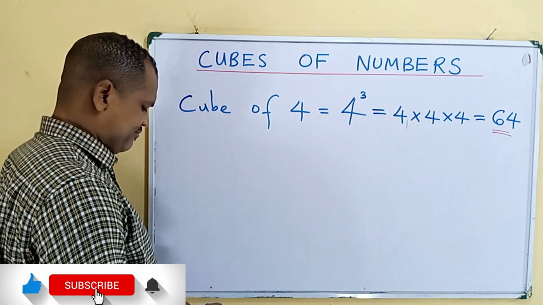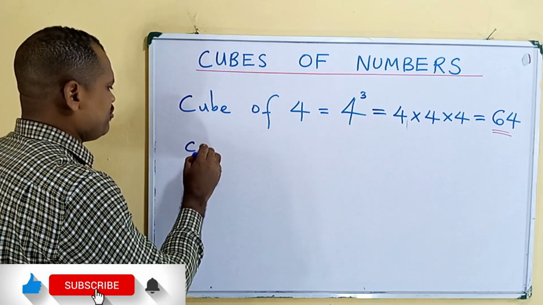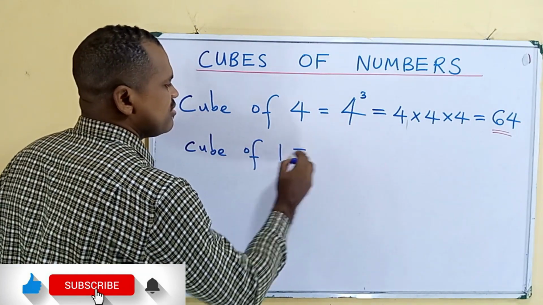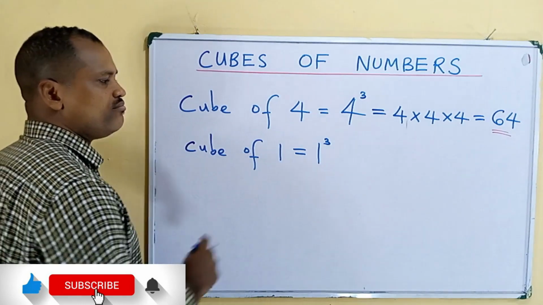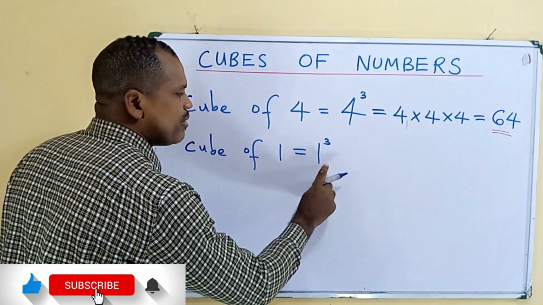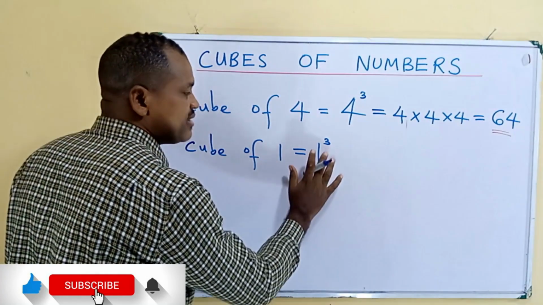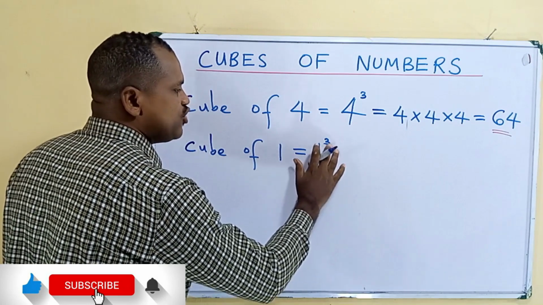The cube of 1 is 1. Let's write it. Cube of 1. Of course, it's written like this, meaning 1 raised to power 3. This is 1 cubed.